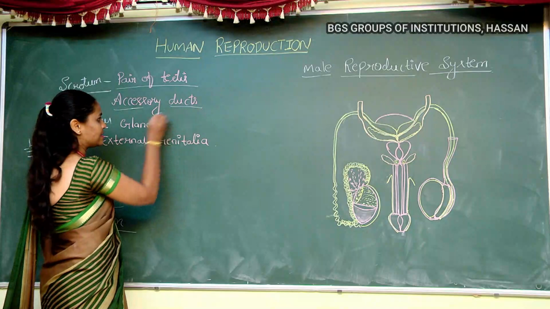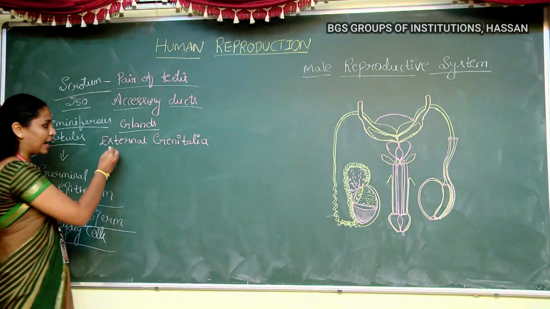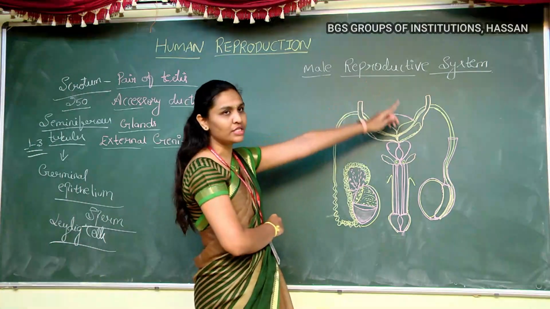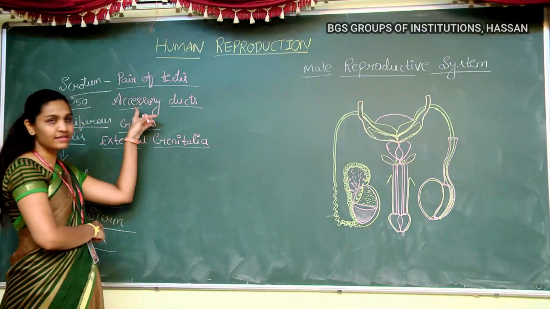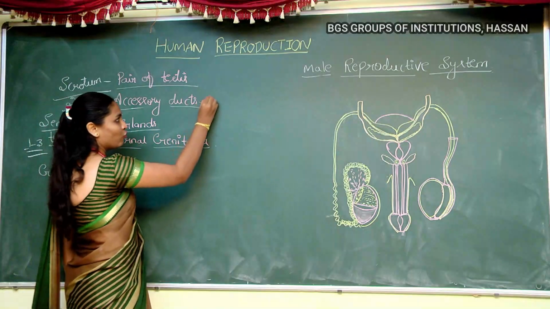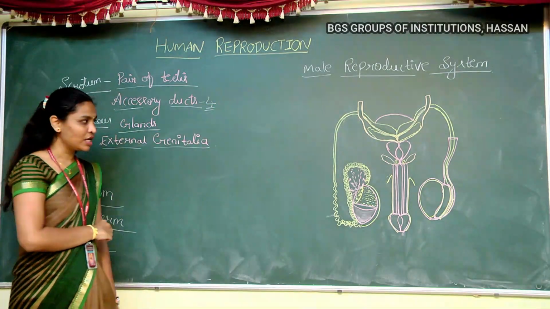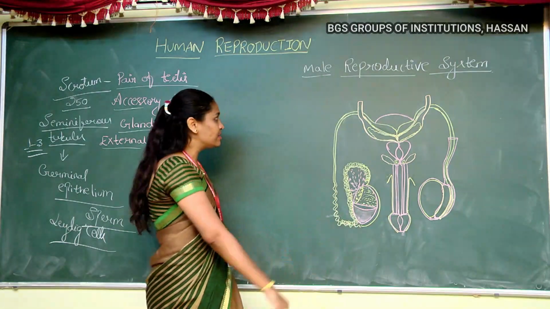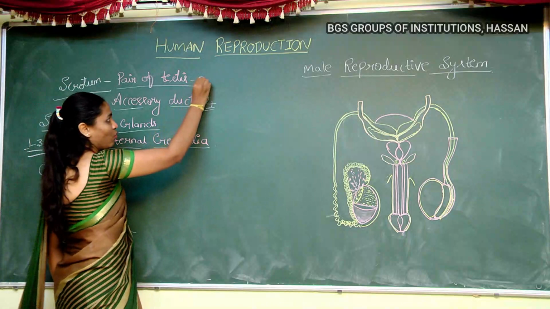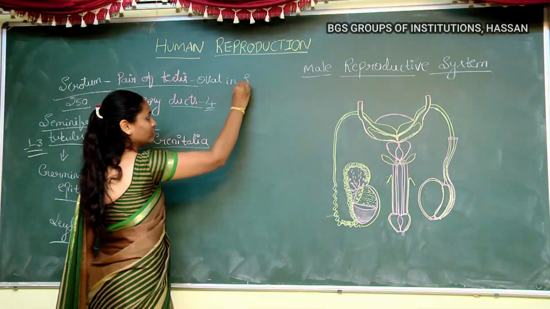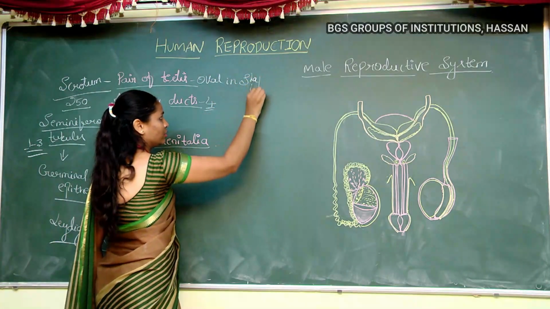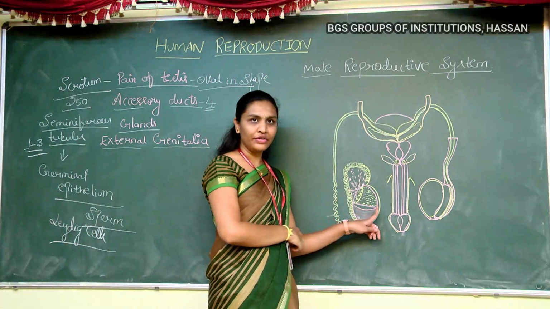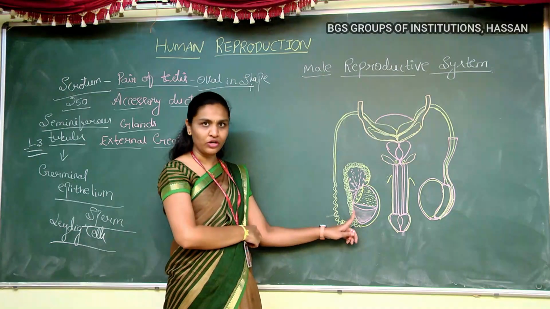Now let us see accessory ducts, glands, and external genitalia. See, the human male reproductive system contains accessory ducts. There are 4 accessory ducts. If you see this diagram, this is the testes. Testis is oval in shape. Testis contains seminiferous tubules.